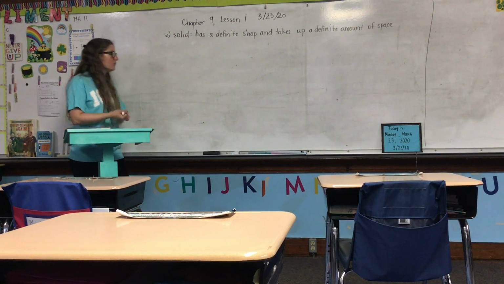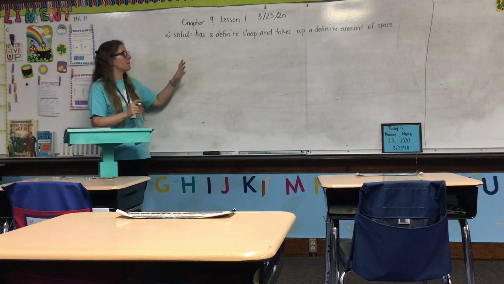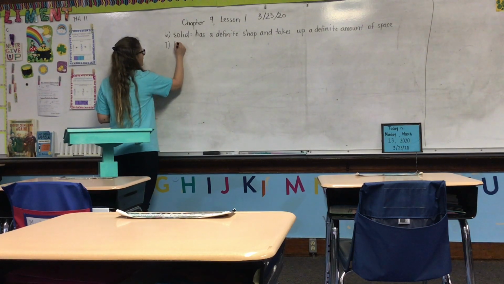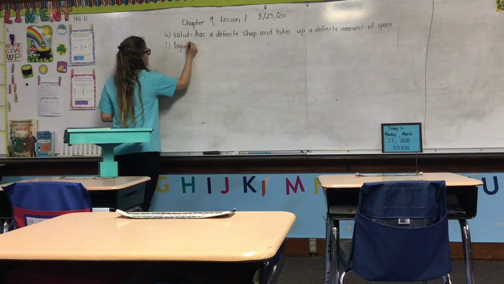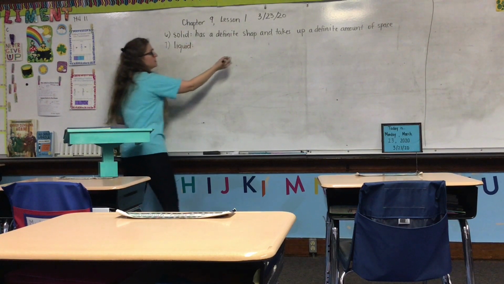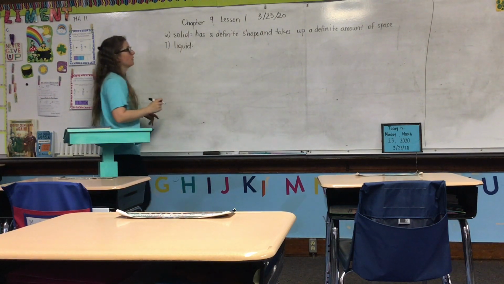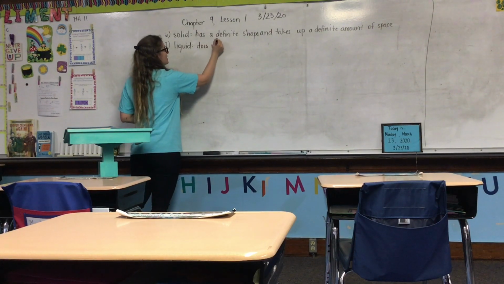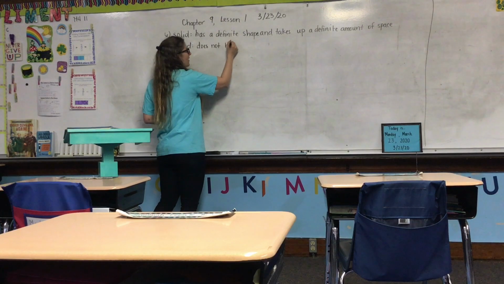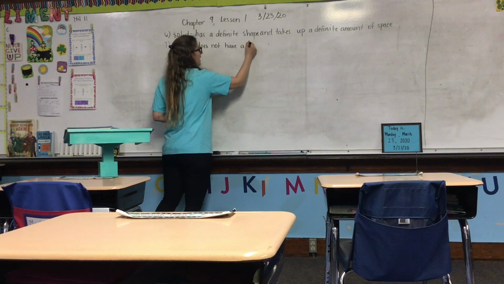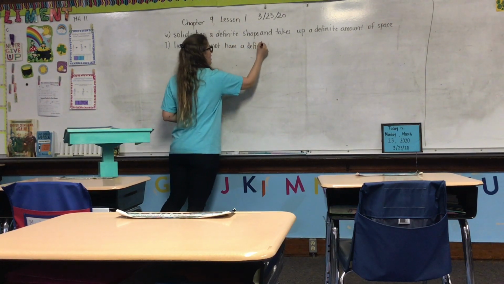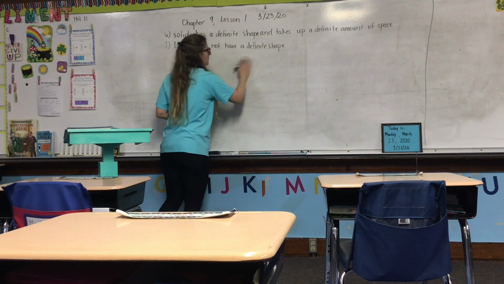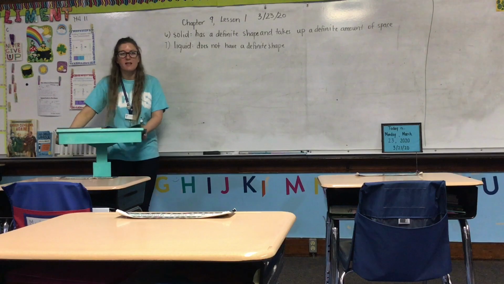So, if we set this definition up the same way that we did a solid, we have a liquid, which does not have a definite shape, because, think about it.